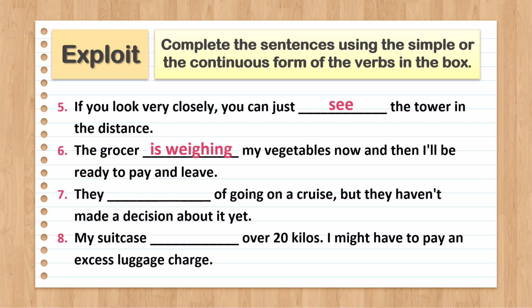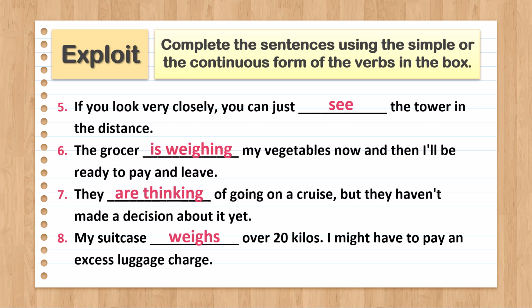Number 7, they are thinking of going on a cruise, but they haven't made a decision about it yet. This time, thinking means planning, something temporary and ongoing, so we use the continuous form of the verb, are thinking. And the last one, number 8, my suitcase weighs over 20 kilos. I might have to pay an excess luggage charge.